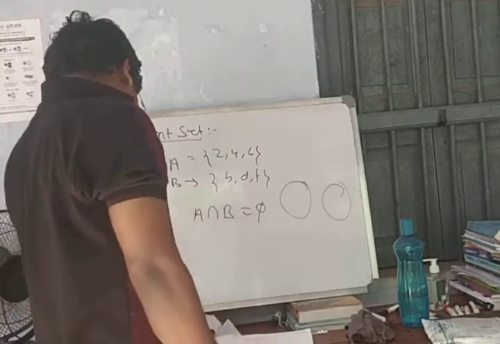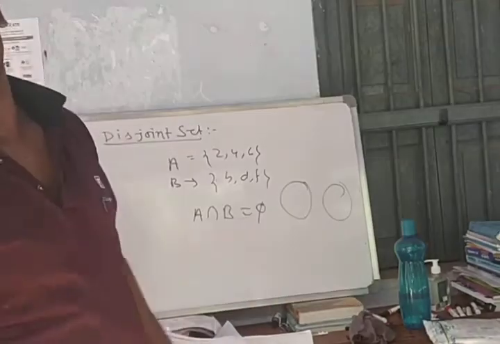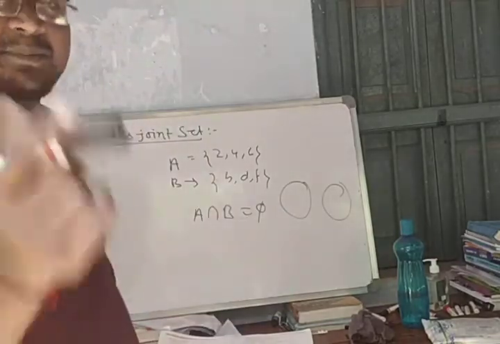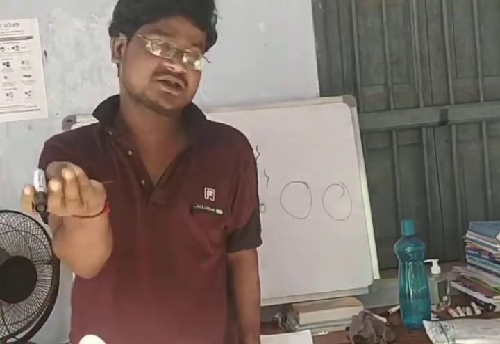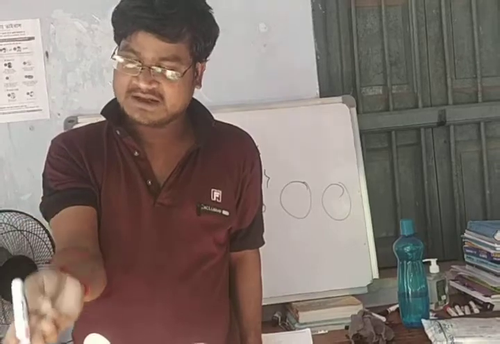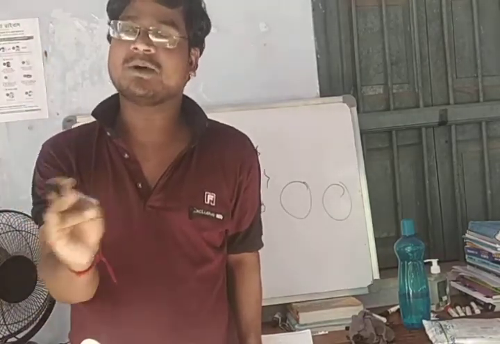And in previous classes, in class 7, you learned the cardinal number of sets and different types of sets. Again I just remind you, different types of sets: first is finite set, infinite set, null set, singleton set, equal set, equivalent set.